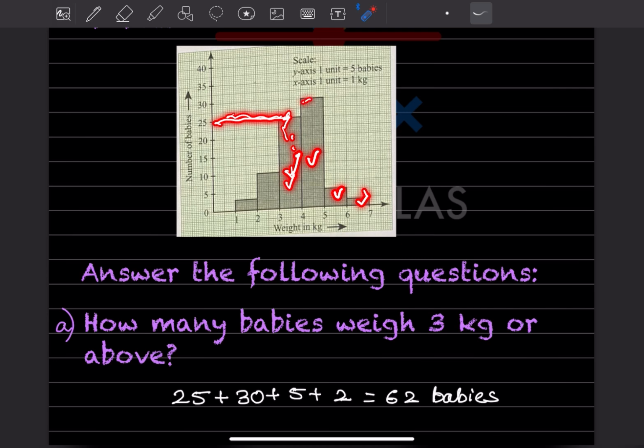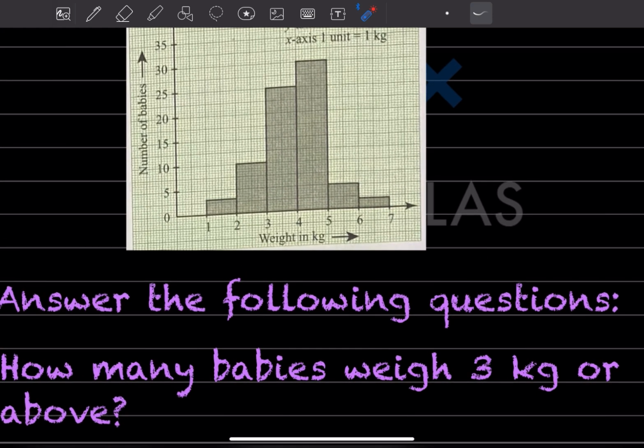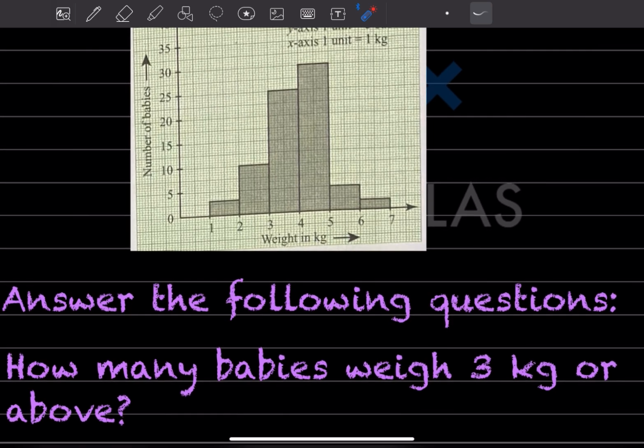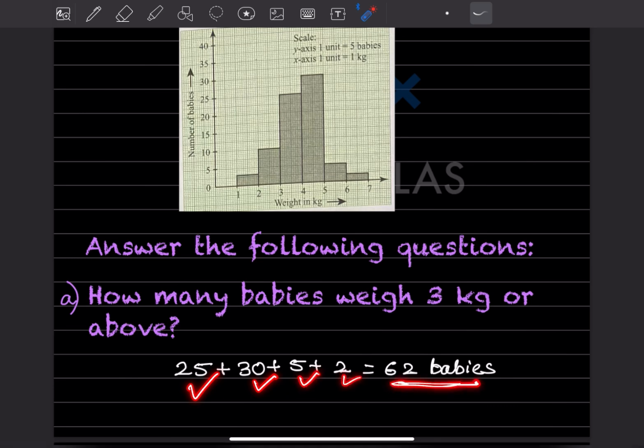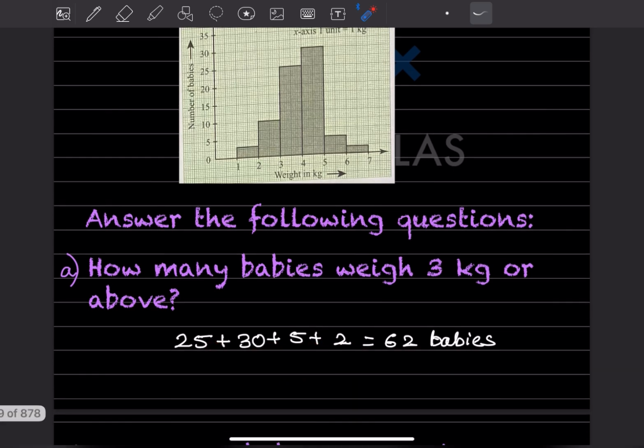For this one it is 30. For this part this is 5 and this is approximately, not exactly, can you see? That is not 2.5 also, that is 2. So 25 plus 30 plus 5 plus 2, that will be 62 babies weigh 3 kg or above.